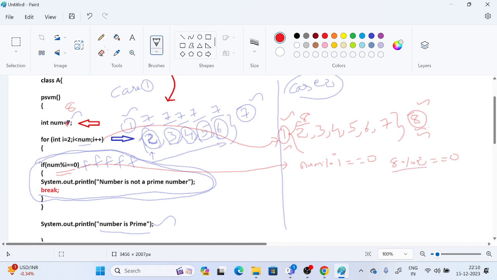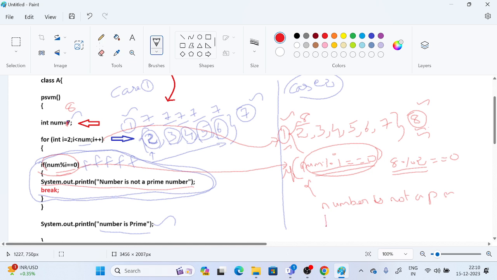It means this if block will be executed. This statement will be true. If this statement is true, then this statement will be executed: number is not a prime number.